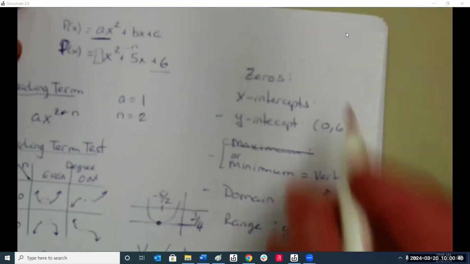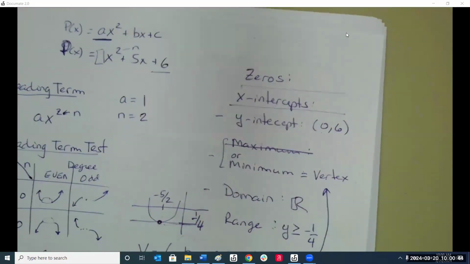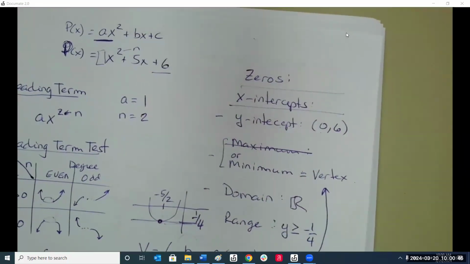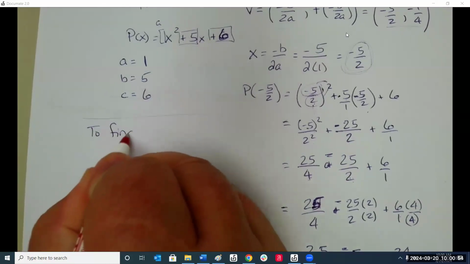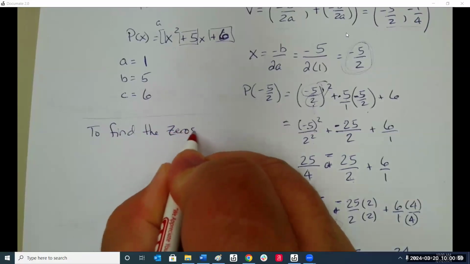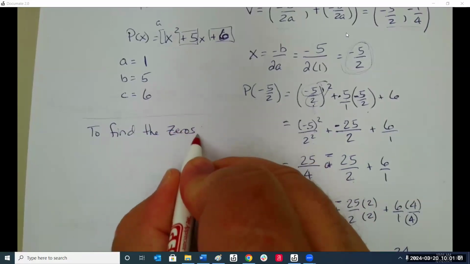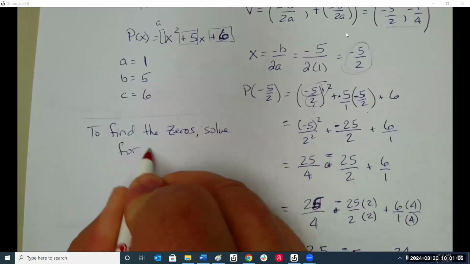Okay, the only things we're missing are the x-intercepts and the zeros. How do we find those? To find the zeros, solve for x.